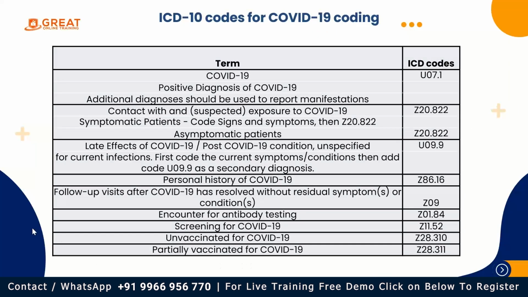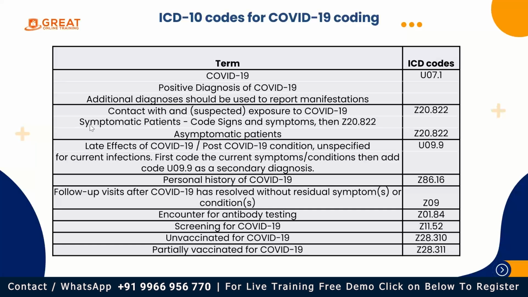This is the table, important table of COVID-19. If COVID-19 is there, positive diagnosis of COVID-19, we have to use U07.1 plus additional diagnosis codes to report manifestations like MIS and all. If contact with and suspected exposure to COVID-19 is there, we have Z20.822 code.